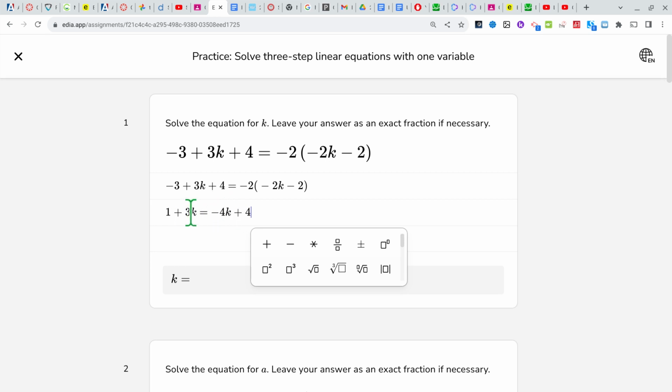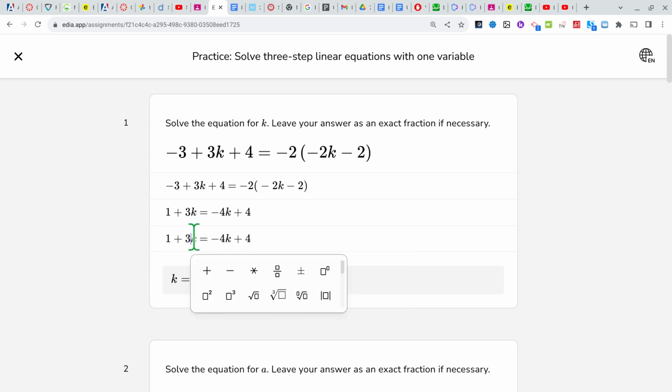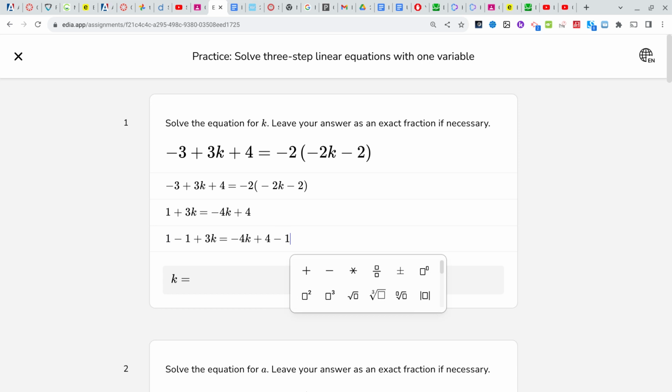Next, I could subtract 1 from both sides. I'm going to copy, press enter. I want k by itself, but I need to get rid of this 1, so I'm going to put minus 1. This turns into 0, and then you put minus 1 here.